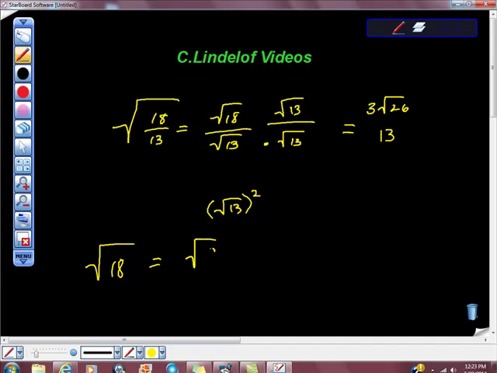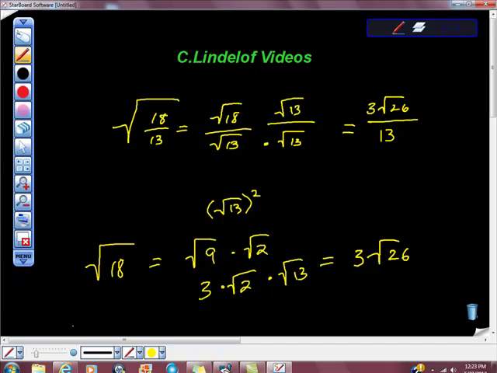It's the square root of 9 times the square root of 2, which is 3 times the square root of 2 times the square root of 13. Jeez, I can't believe I dug this hole for myself. So we're going to multiply the inside, so we're going to get 3 square roots of 26. Does that make sense? God, that's a mess. But it's good math, isn't it?